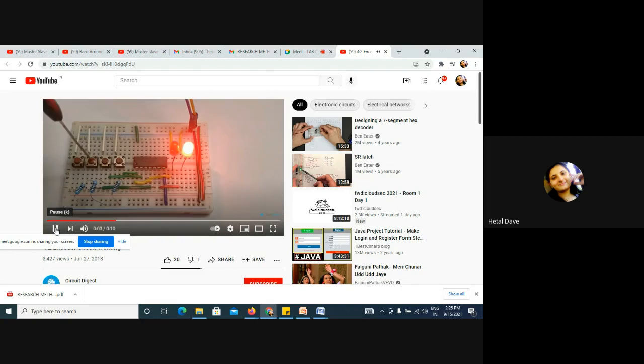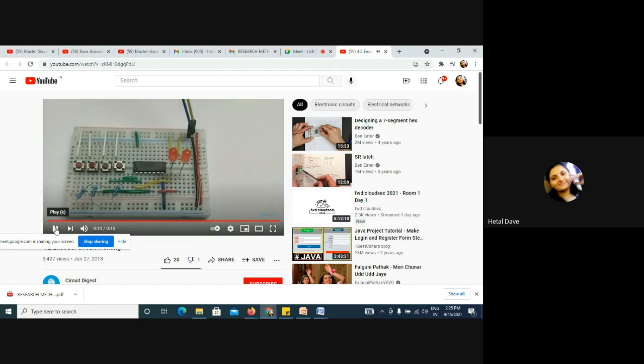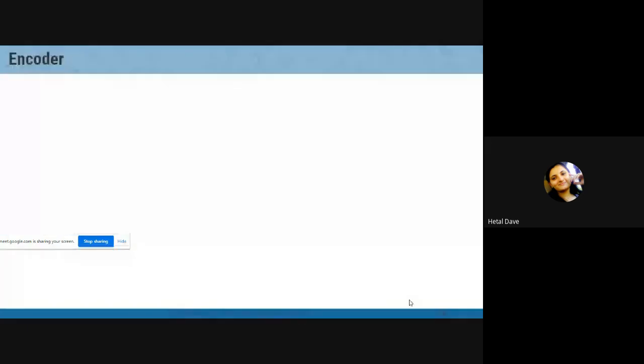Now when the first switch is pressed, the output is 0, 1. When the next switch is pressed, the output is 1, 0. Whenever the last switch is pressed, the output is 1, 1. So this is called encoding. This process is called encoding. At the output, we can get a bit pattern. This is called an encoder. So here we will first see the theory behind it.